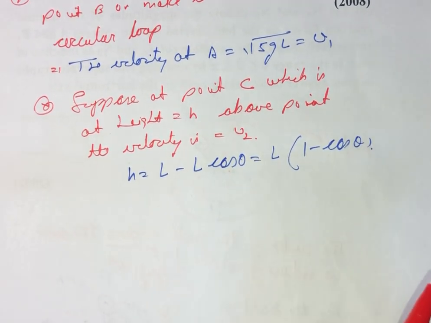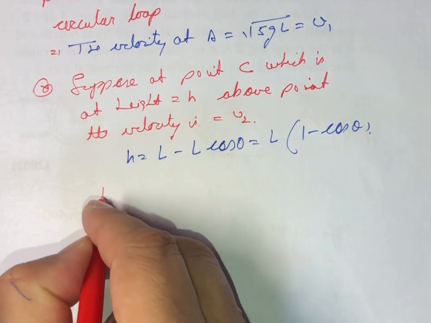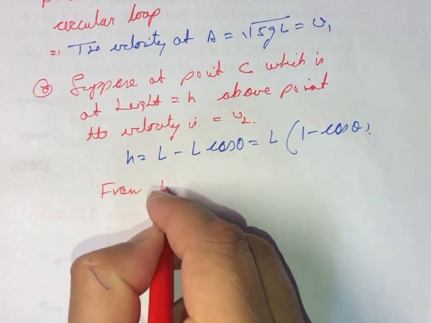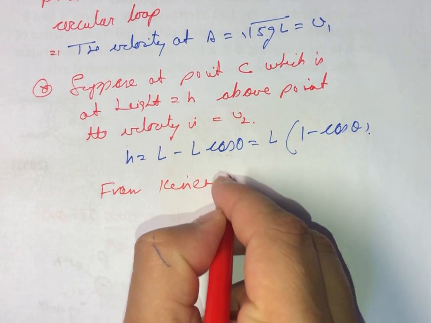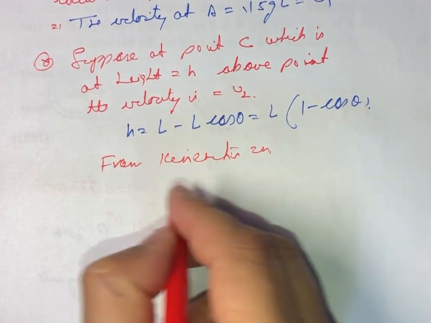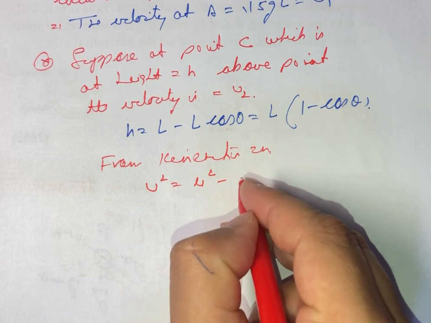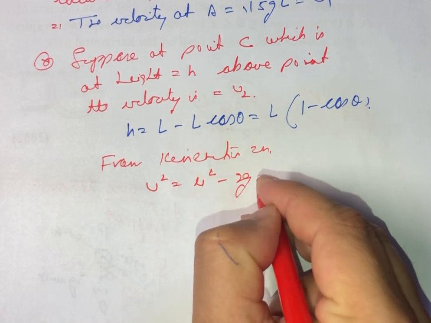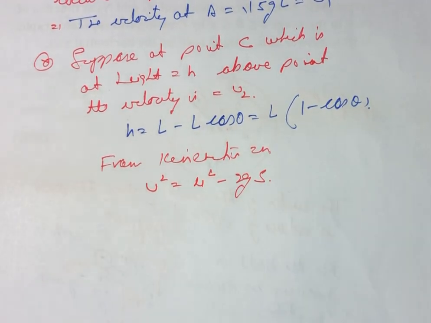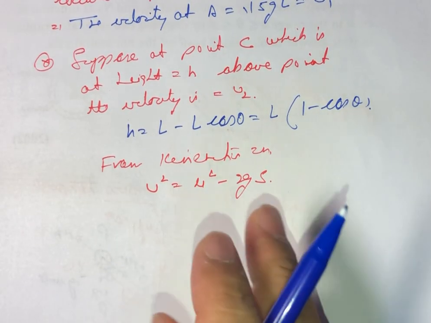So we can use the basic formula for kinematics. From the kinematics equation, v square is equal to u square minus 2gs. v is the final velocity, which is our v2.